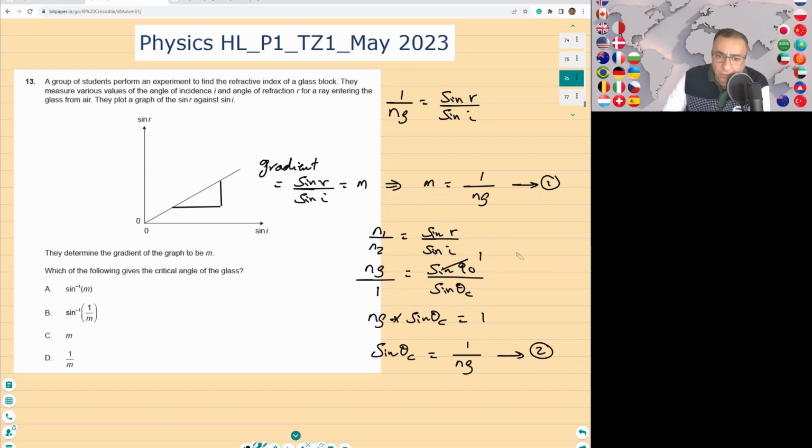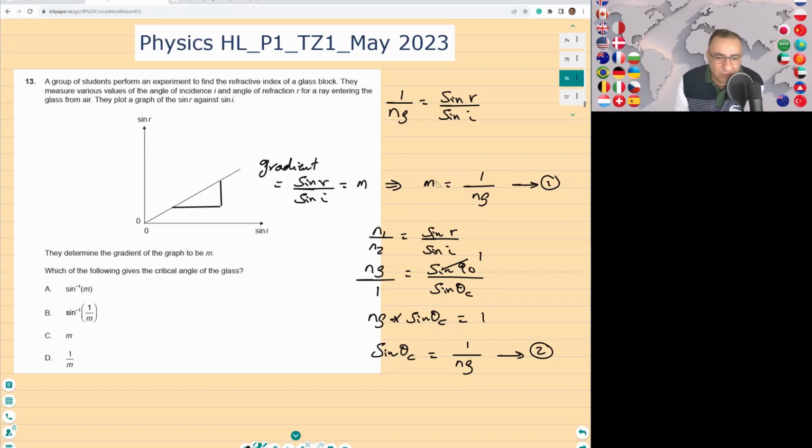Now from 1 and 2, we proved together that 1 over n sub g is m, the gradient, and sine theta sub c is also 1 over n sub g, so the conclusion is sine theta sub c is equal to m, right?